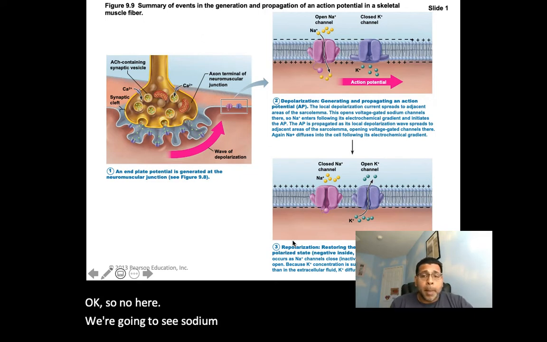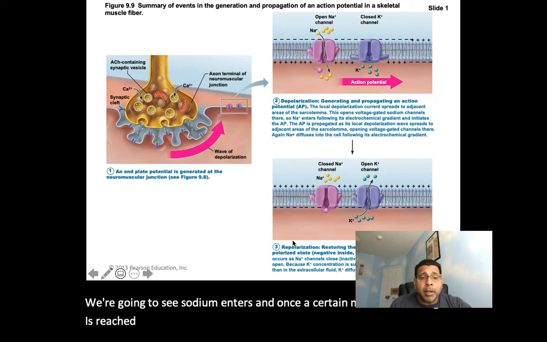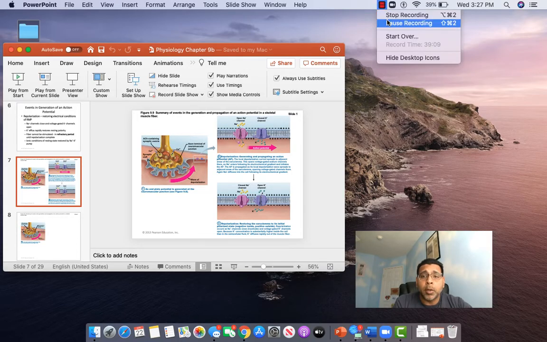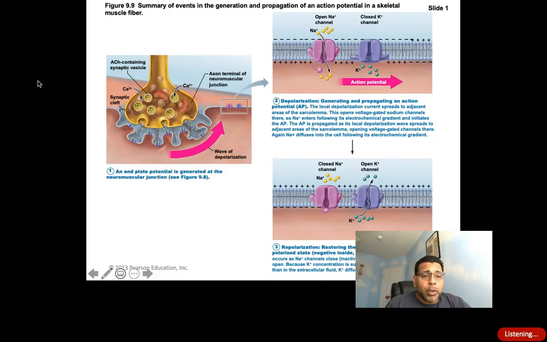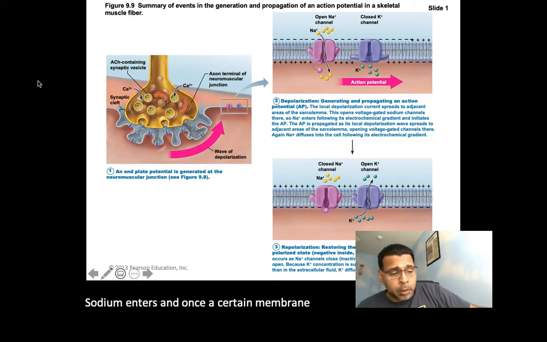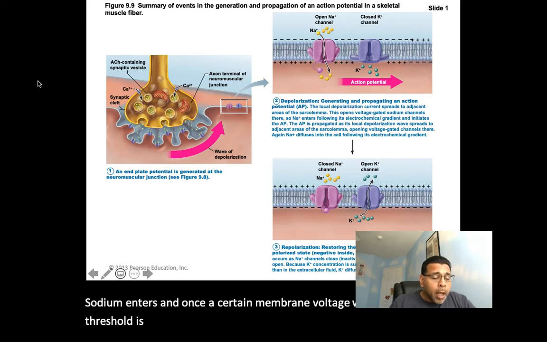Sodium enters, and once a certain membrane voltage is reached, that certain membrane voltage is called threshold. So once threshold is reached, we could see sodium enters, and once a certain membrane voltage, called threshold, is reached, an action potential is going to be generated.